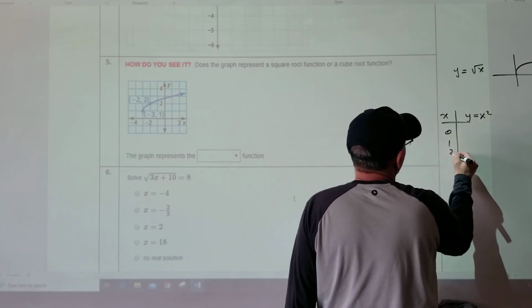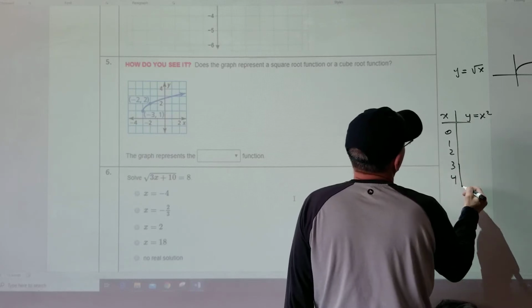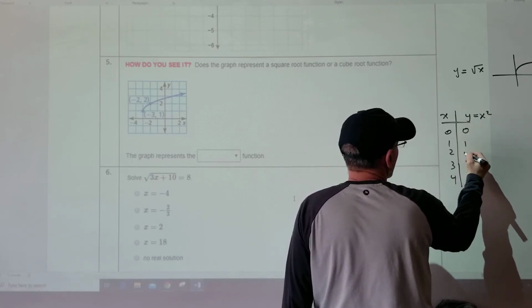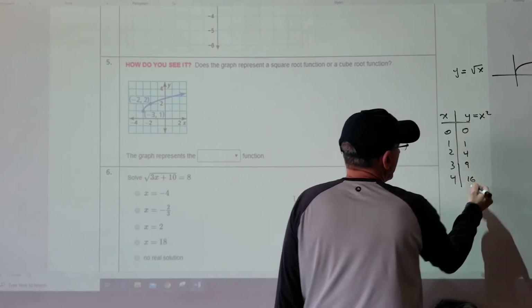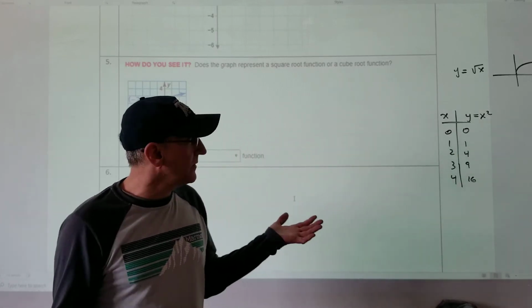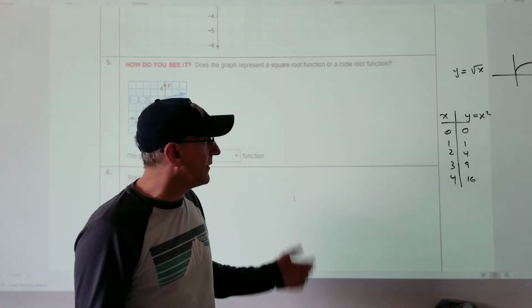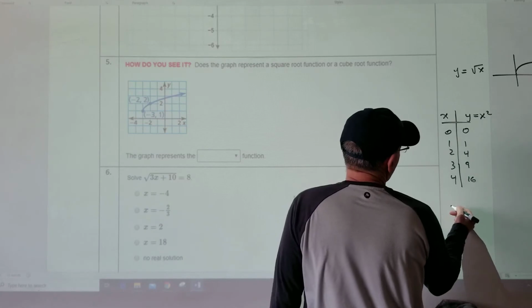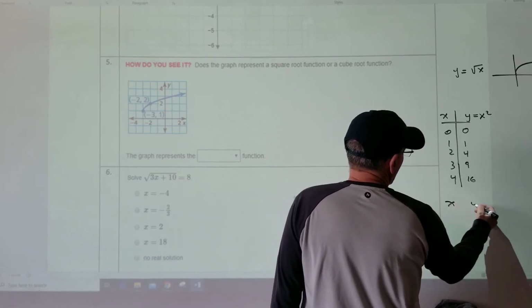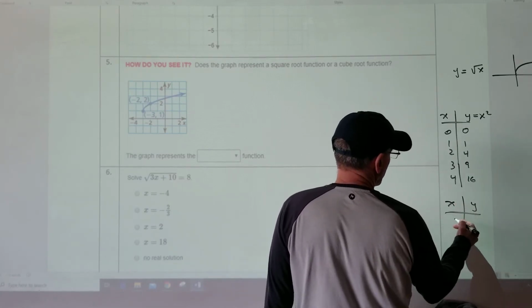So I'm talking 0, 1, 2, 3, 4, positive x's. Write the answers over here to the squares. And then I just said, reverse the x's and the y's. Make what's called an inverse function. So now, the x, y's look like this.